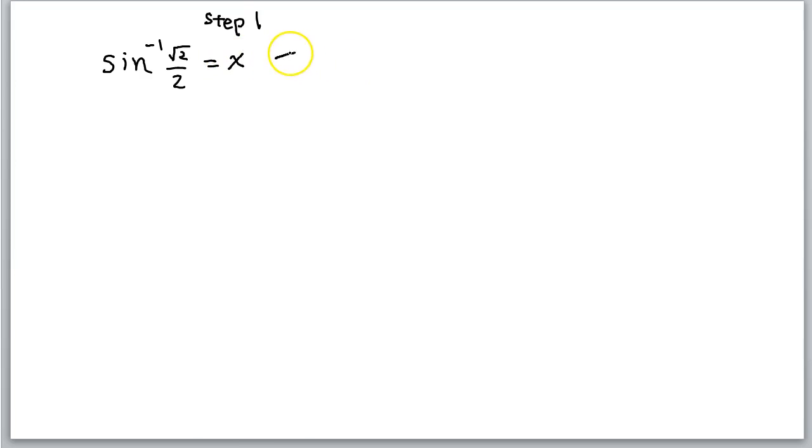And then think about what it means for the original sine function. See, this is the input and that's the output, but since this is the inverse function, for the original sine function, they must have been switched. Sine of x must have been square root of 2 over 2.